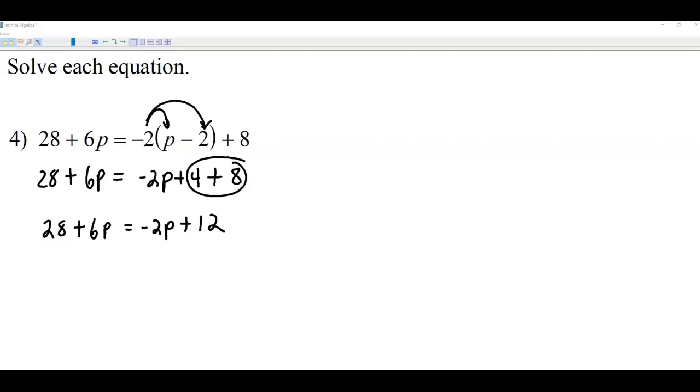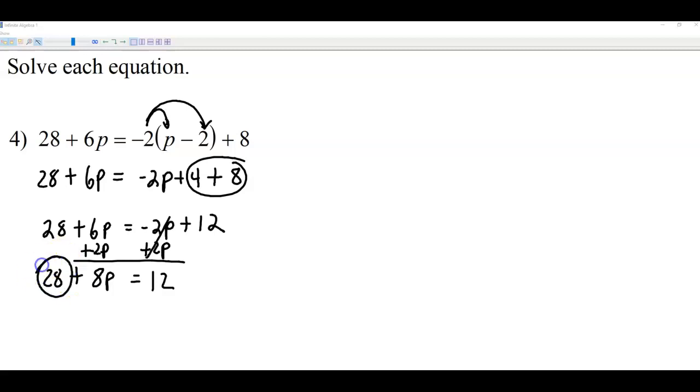So now I want to add or subtract the smaller variable. In this case, the smaller variable is the negative 2p. So I do the opposite of the negative 2p, which is a positive 2p on both sides. So that goes away, leaving 12 on the right side, 8p here, and 28 here. The next step is to either add or subtract the constant on the side with the variable.